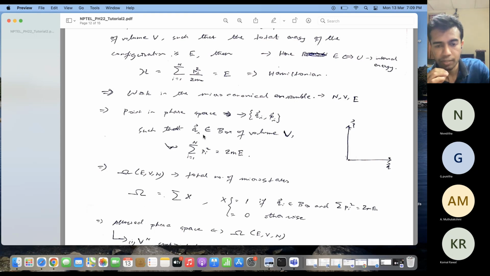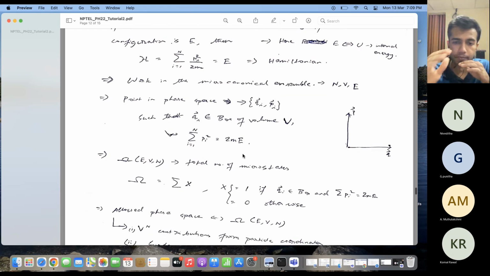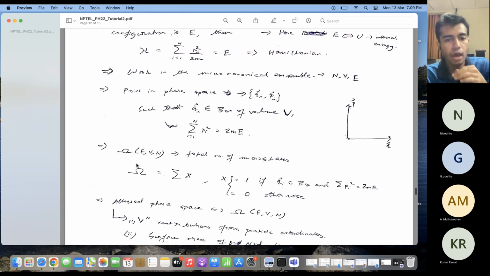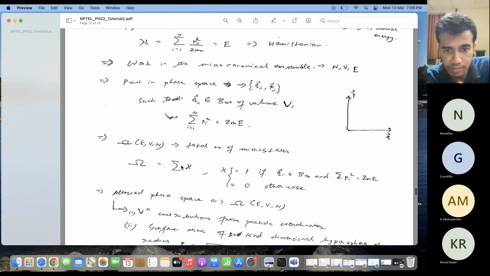Since the particle is within the box, the q_i coordinate should belong to my box. And what is the constraint on p_i? The summation over i equal to 1 to N of p_i squared should equal 2mE, because my energy is fixed. So the summation of the squares of all the momenta is fixed. So these are the two constraints on my phase space, and my phase space volume is constrained by these two factors. Now I define omega as the total number of microstates of the system.